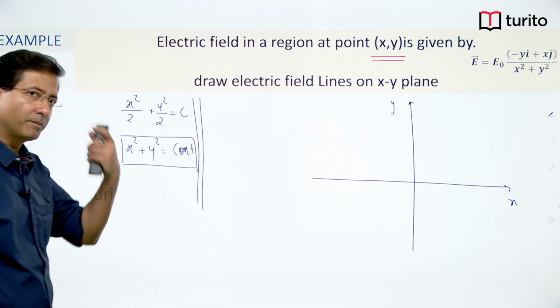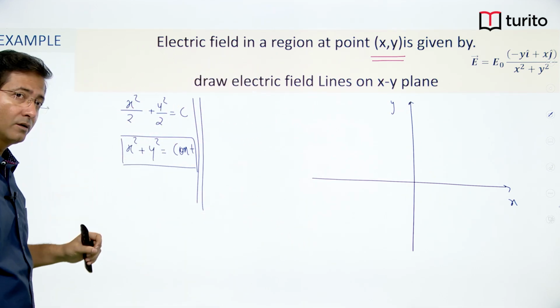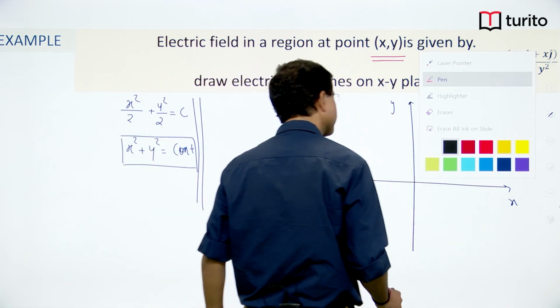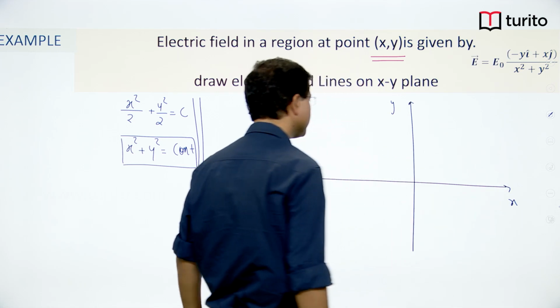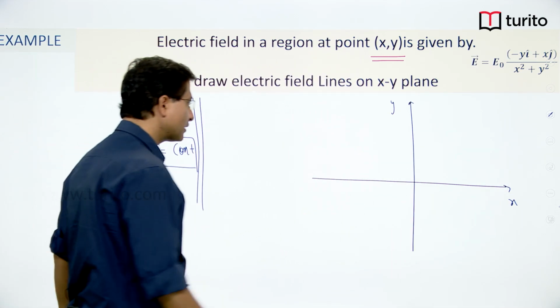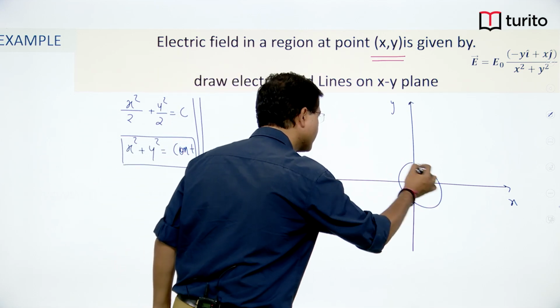So, in the xy plane I want to draw electric field lines. This is the equation of a circle, so that means the electric field lines in space will be circular.